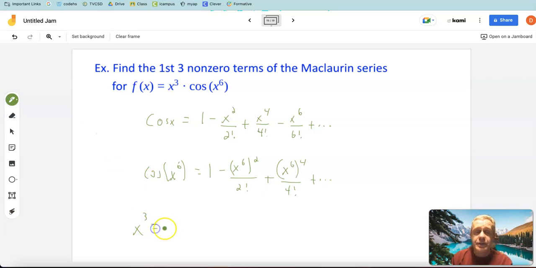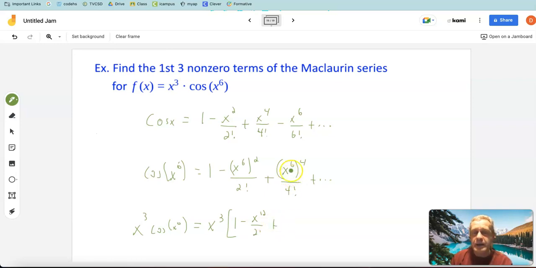So x to the third times cosine of x to the sixth, right? That would equal, well, the Maclaurin series for x to the third is just itself, and then we would need to multiply that by this here. That would be 1 minus, and I'm going to simplify this, x to the sixth to the second is the same as x to the 12th over 2 factorial.